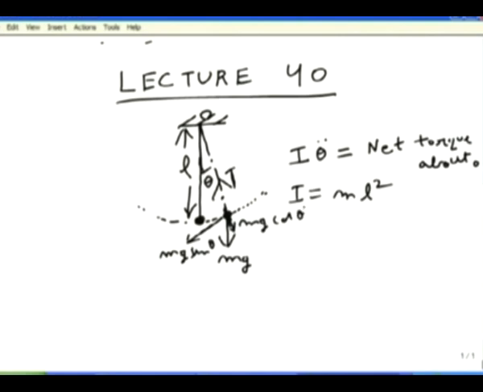So, if you take the moment about O, then T or mg cos theta will not contribute to moment, only mg sin theta will be contributing to the moment, and that moment is mg sin theta into L.